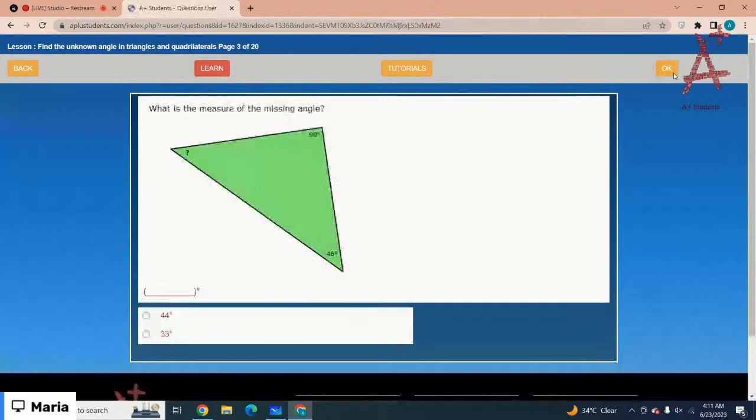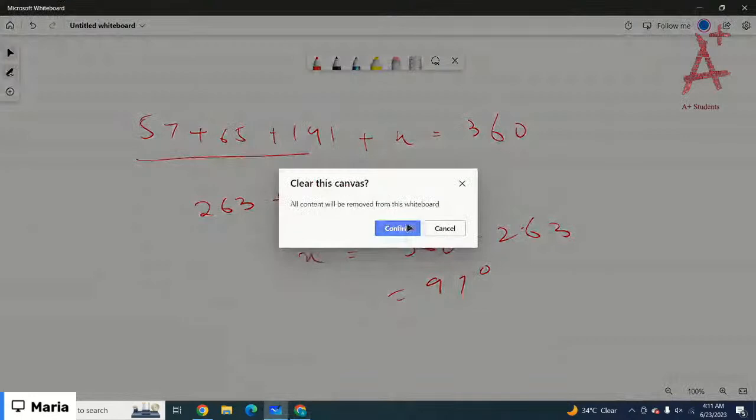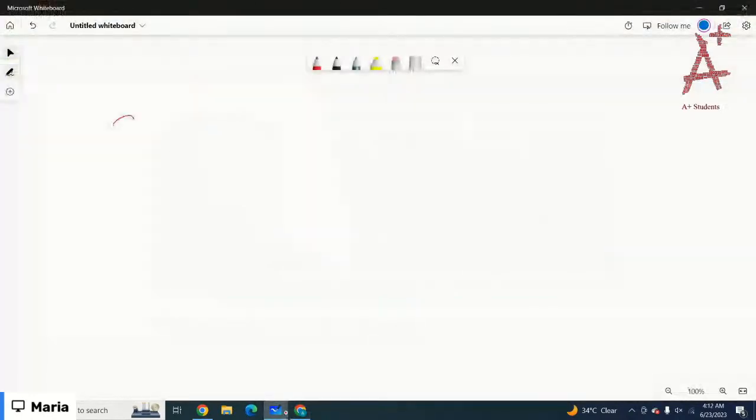Okay, what is the measure of the missing angle? Again, you are given the triangle, you have to find the missing angle. We know that the sum of all three angles must be 180. So it would be 90 plus 46 plus x equals 180. Got it?